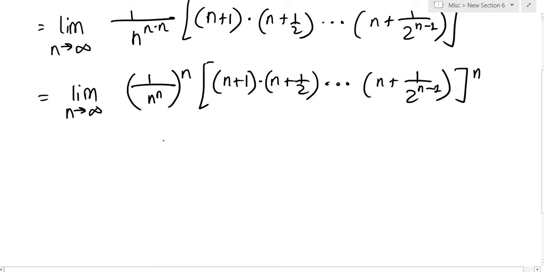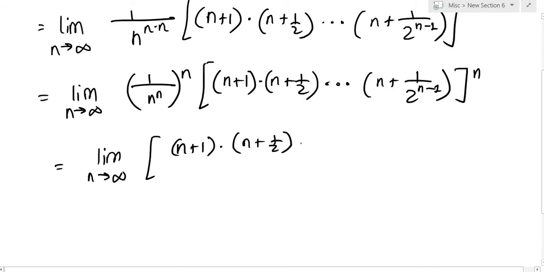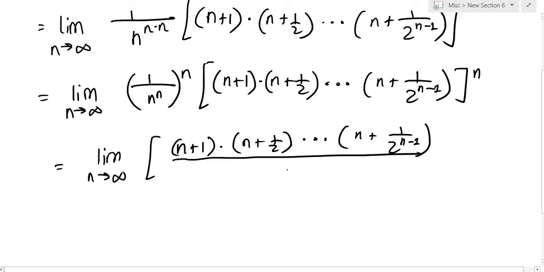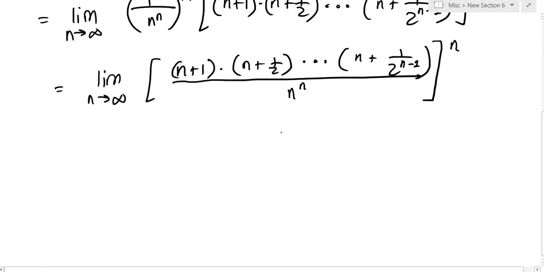Now, because everything is raised to the nth power, why don't we take everything under a common power? So we are essentially going to have this almost infinite product, n plus 1 times n plus 1 half dot dot dot n plus 1 over 2 to the n minus 1, over n to the n, everything raised to the nth power.